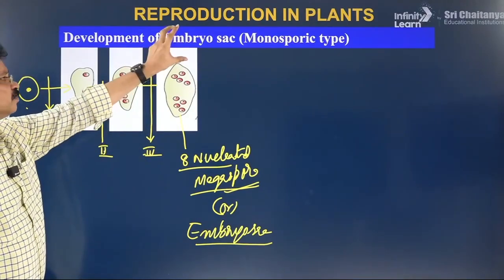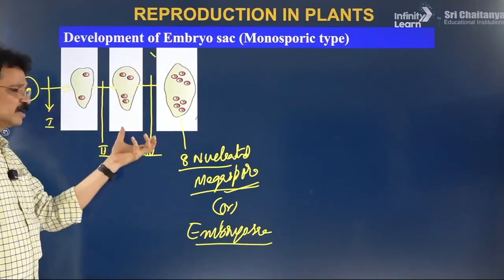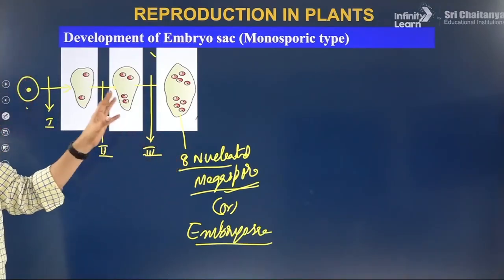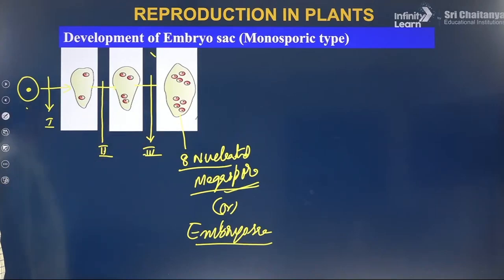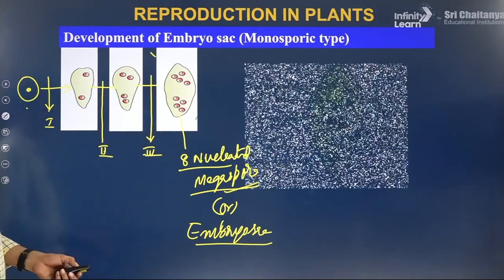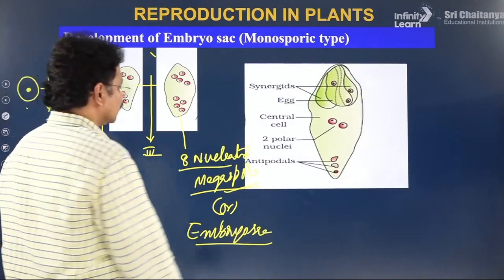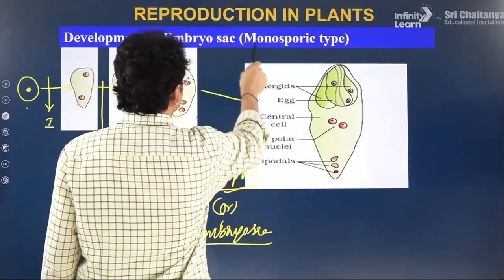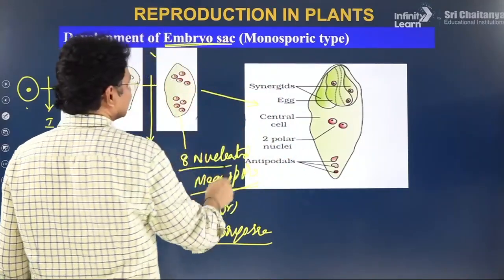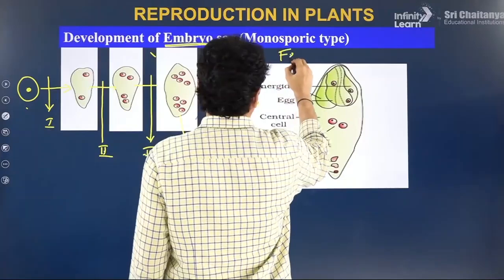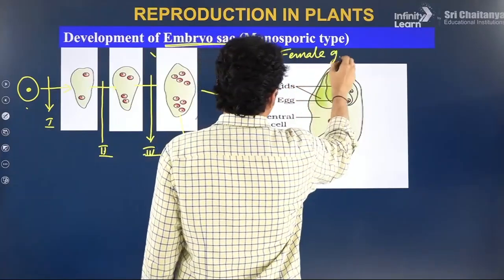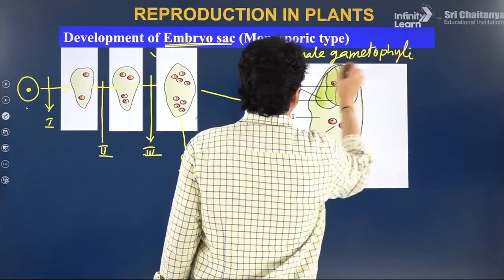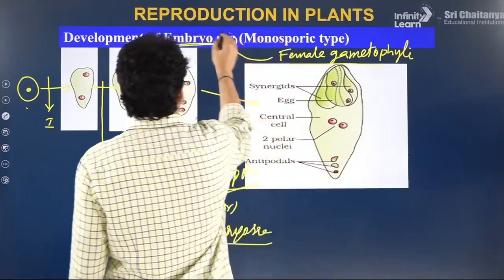To form a complete embryo sac, how many mitotic generations are needed? 3 mitotic generations. It is a fully developed megaspore, nothing but the embryo sac. Another name of this embryo sac is the female gametophyte. The other name of the female gametophyte is embryo sac.